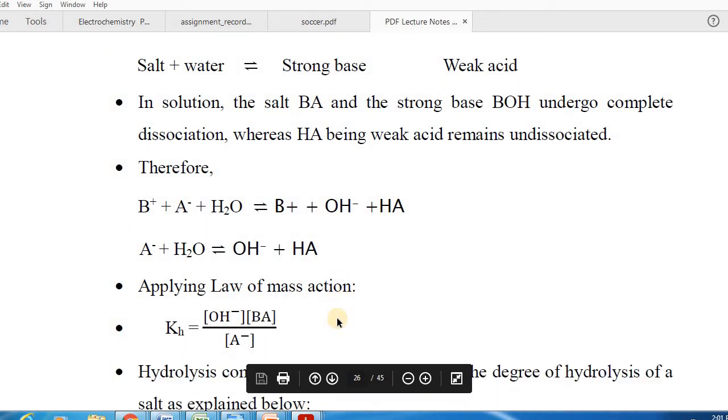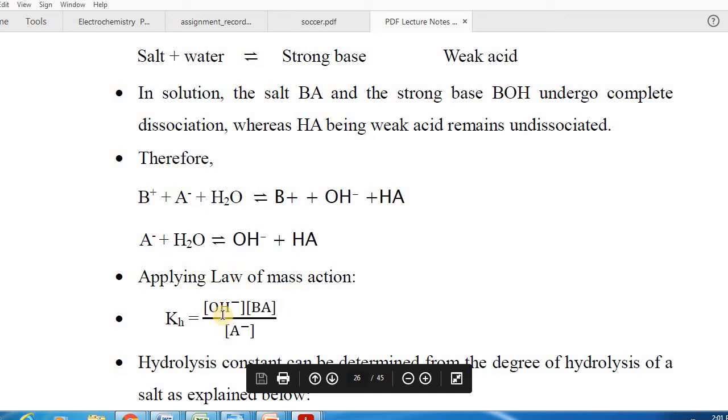Now applying the law of mass action, the hydrolysis constant is equal to the molar concentration of OH minus into the molar concentration of HA, divided by A negative. Here this BA has been written wrongly; it has been wrongly typed. We will write HA here. So applying the law of mass action, we get KH equal to OH negative into HA molar concentration divided by A negative.